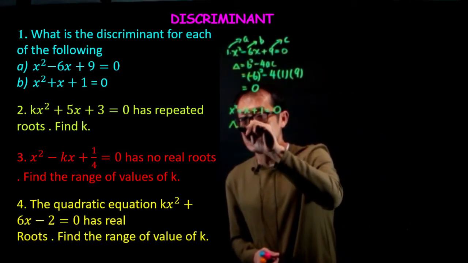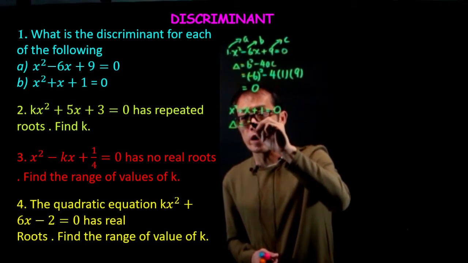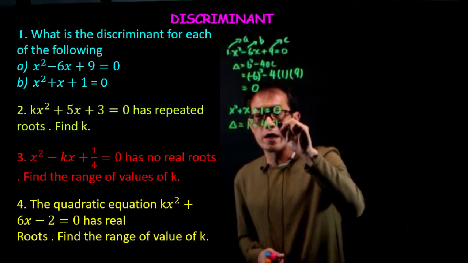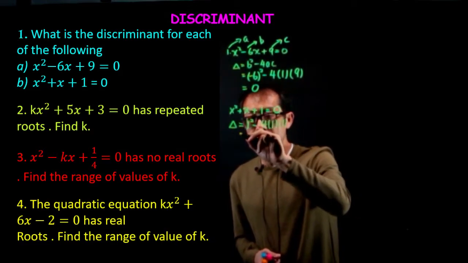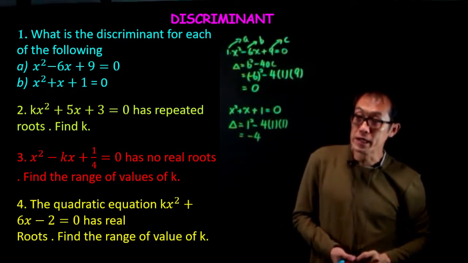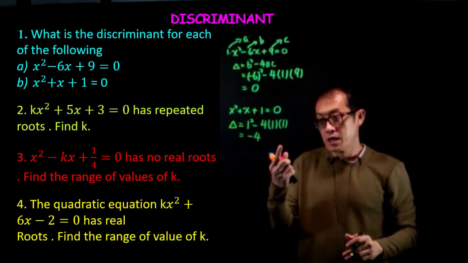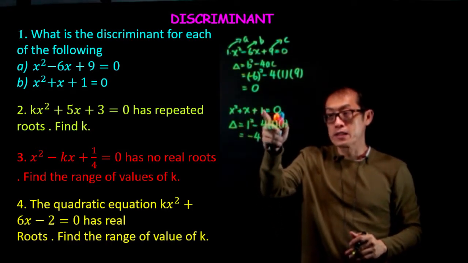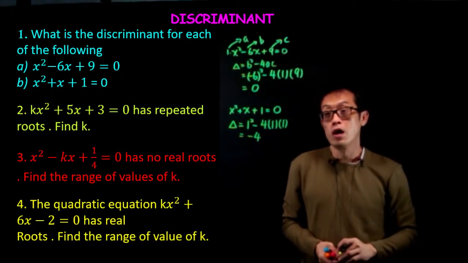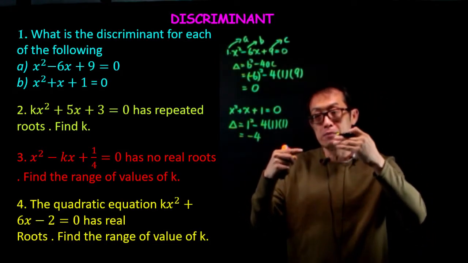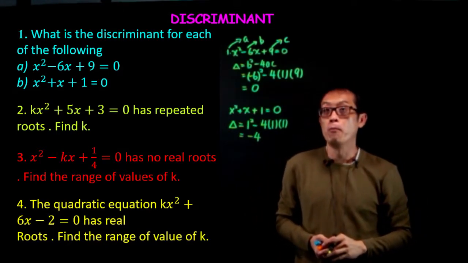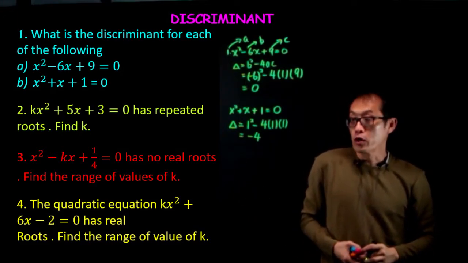The discriminant will be equal to b squared, which is 1 squared, minus 4ac, and this gives you an answer of minus 4, which means this equation x squared plus x plus 1 has no real roots, or graphically it means the graph never touches the x-axis at all. Now question number 2.